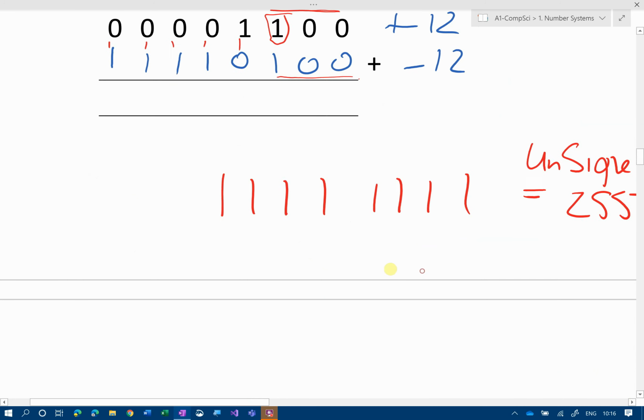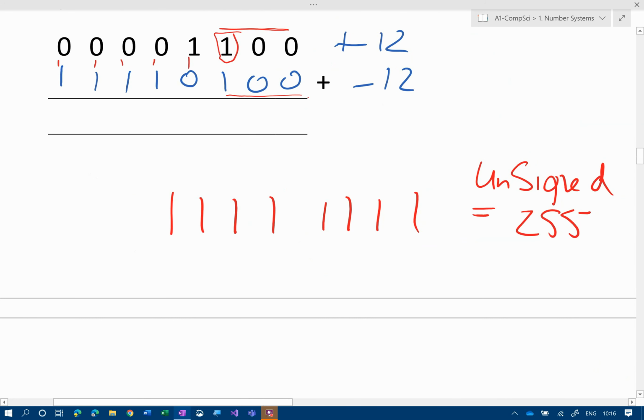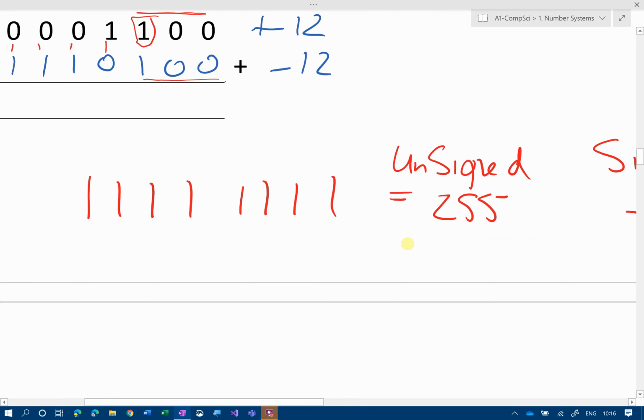Now it also works the same way the other direction. This is a negative number. If we say this is a signed number, we know it's negative because the most significant bit here is a 1. Now if I want to find out what that's worth, I've already told you it's -1, but let's have a look.